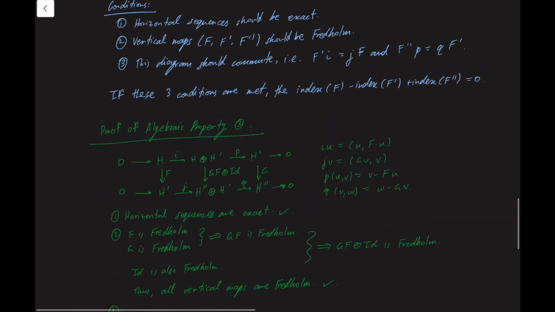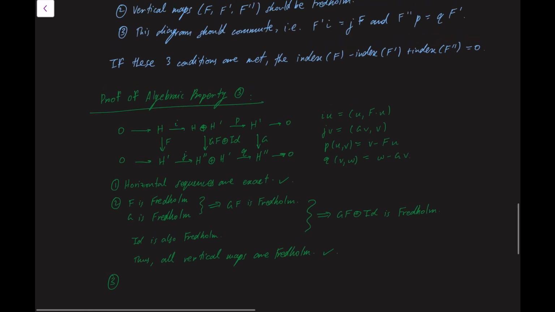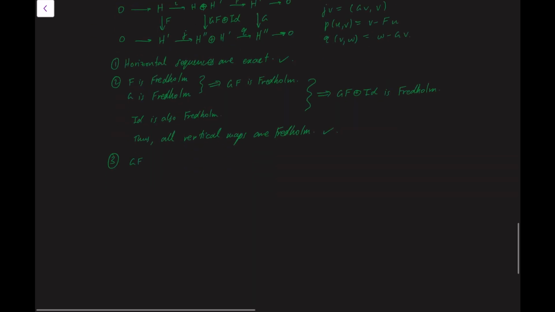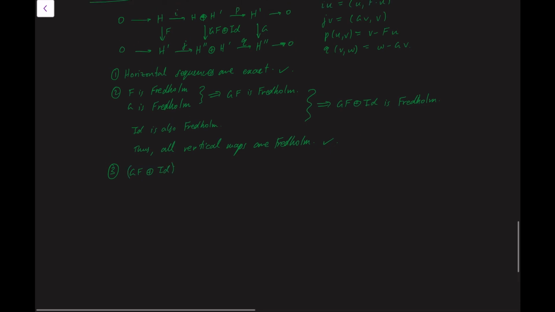And then for condition number 3, the diagram should commute. This is also something one can check. You would have to show that GF plus the identity composed with I is equal to J composed with F, and that G composed with P is equal to Q composed with GF plus the identity. So these two conditions can be checked just by acting on arbitrary vectors.